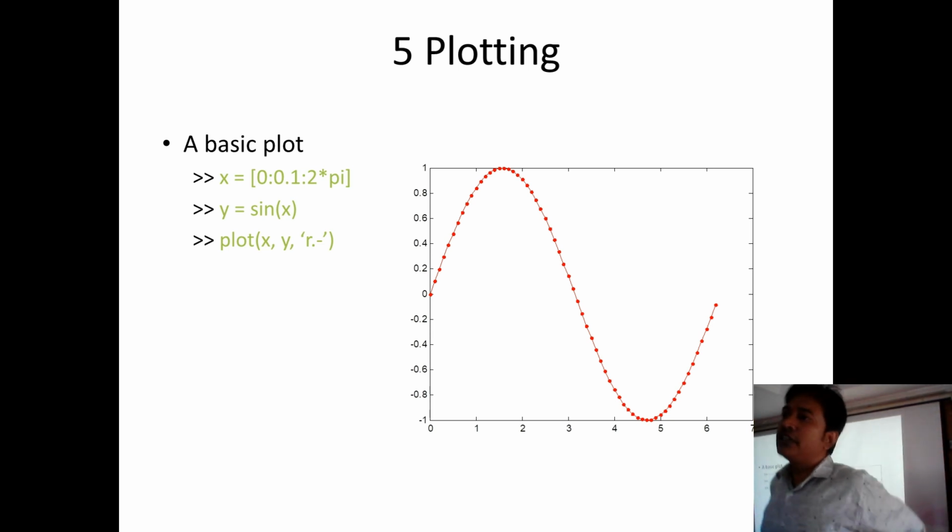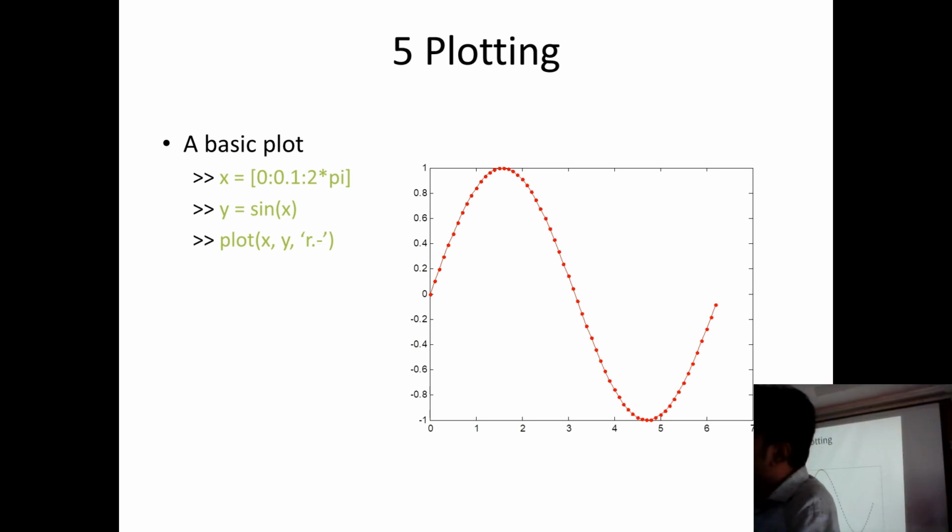The color you can change, the marker you can change, the line style you can change, and in fact, you can draw many plots on the same graph. That's what I told you. Vapor pressure, temperature for different systems, different VLE plots can be on the same graph, so that you can look at the variation. How my vapor pressure varies with the temperature for benzene, ethanol, ethanol water, methanol water. You can see on the same axis.